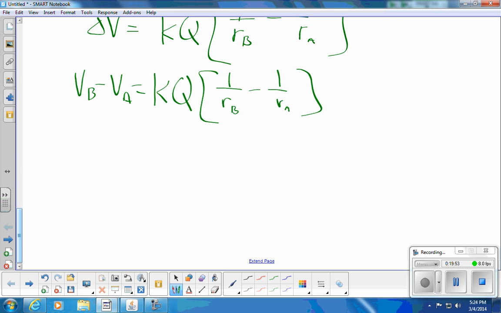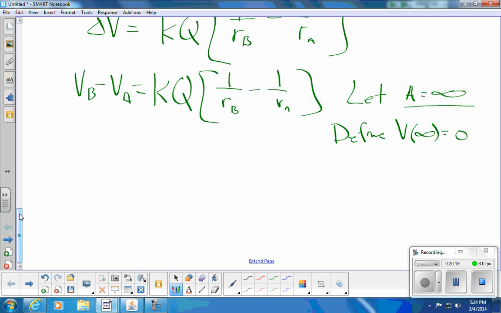And if I take either one of these points, it doesn't matter which one I choose, A or B, if I say let position A be infinity. So that's, by the way, not exactly the right statement. I want A to be infinite distance away from the charge. And then I define V at infinity to be 0. Okay.